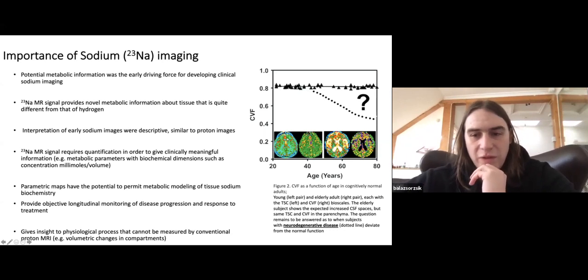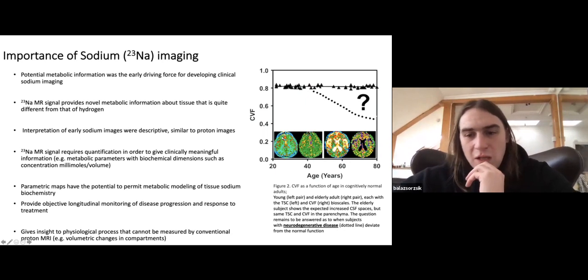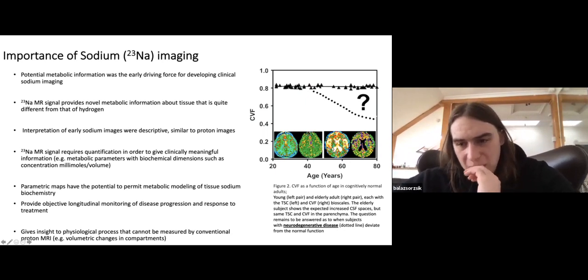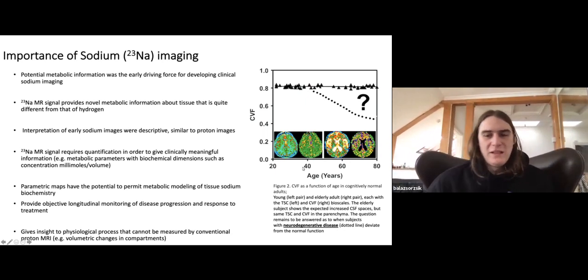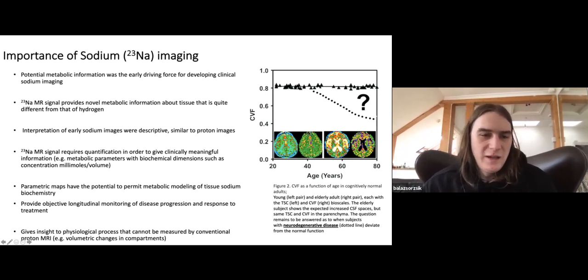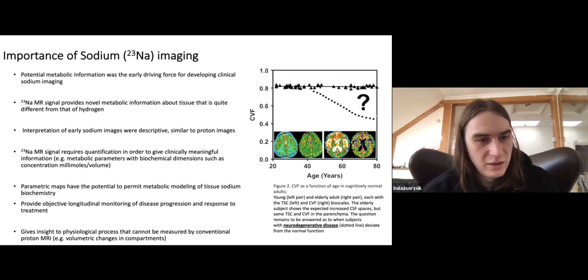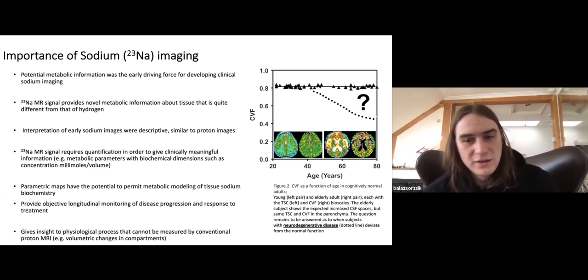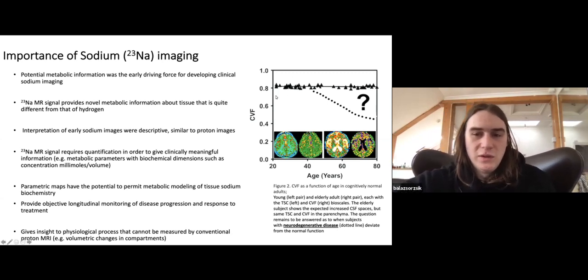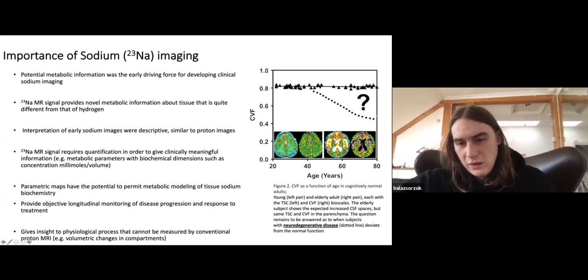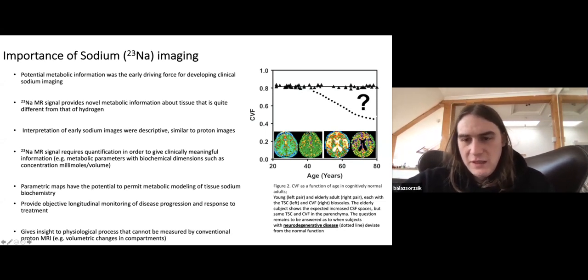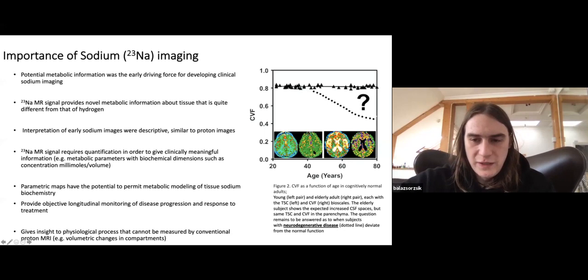They estimated the total sodium concentration. And from that, by using a two-compartment model, by assuming that the intra- and extracellular concentrations are constant, they could model the cellular volume fraction. So the left image here is the TSC, same here, and this is the cellular volume fraction image.